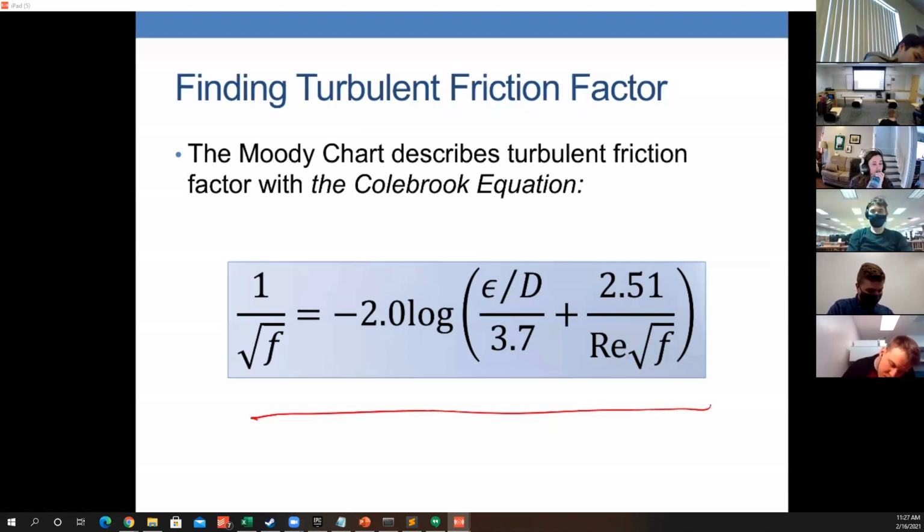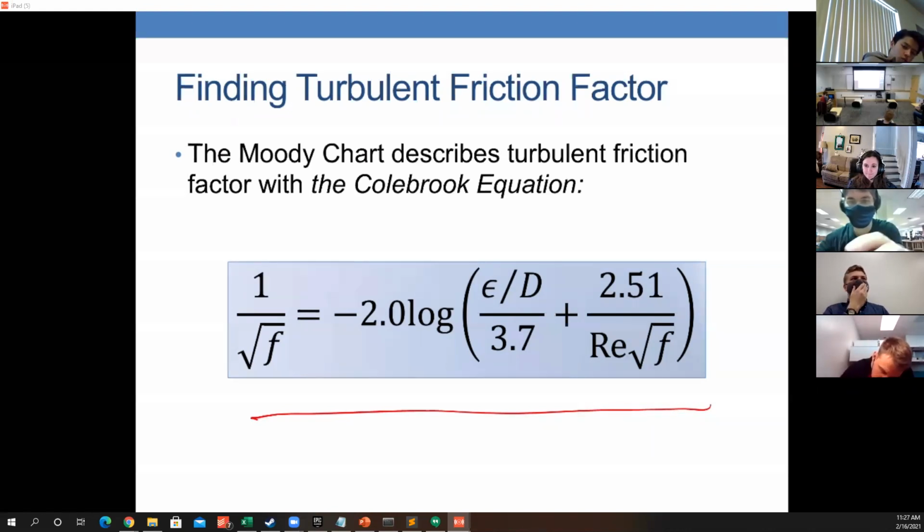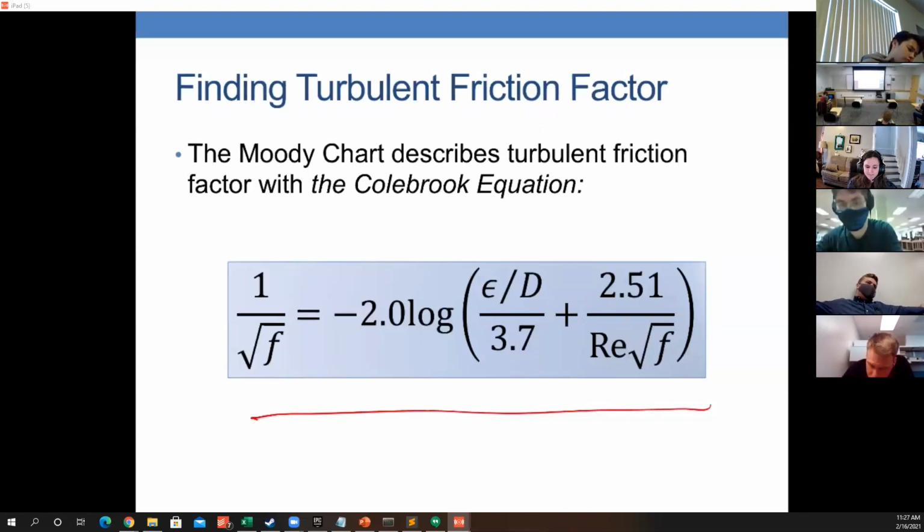Just to make sure, because we don't see log very often, that's going to be log base 10. Yep, that's log 10. When I write log, I mean log 10 unless I write something else on it. Okay, so this is the Colebrook equation.